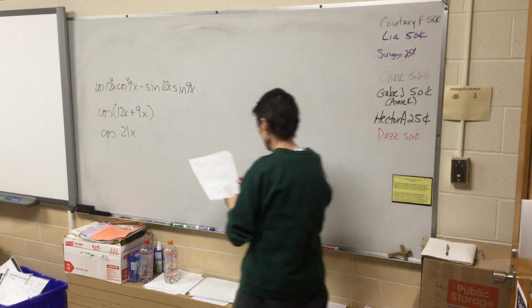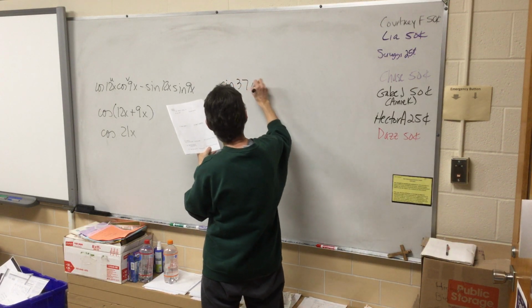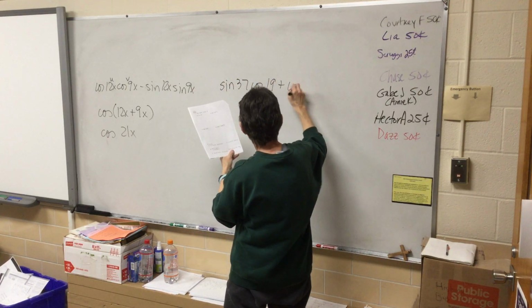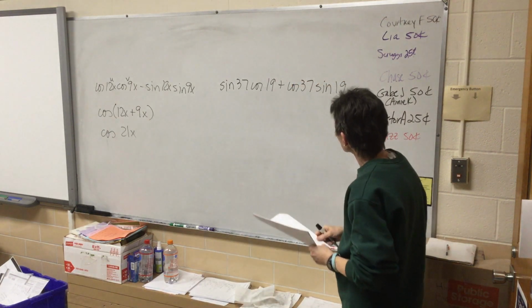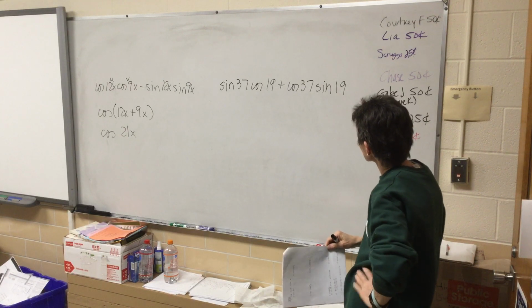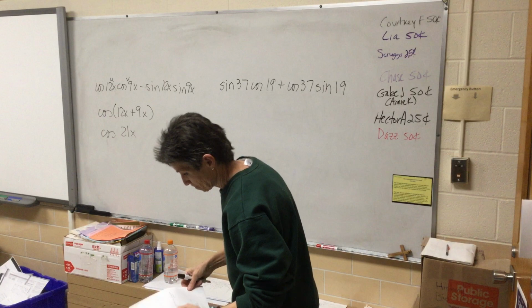Okay, one more. Now I'm on E. Sorry about skipping around. That went off the page too, but it's sine 37 cosine 19 plus cosine 37 sine 19. What formula?